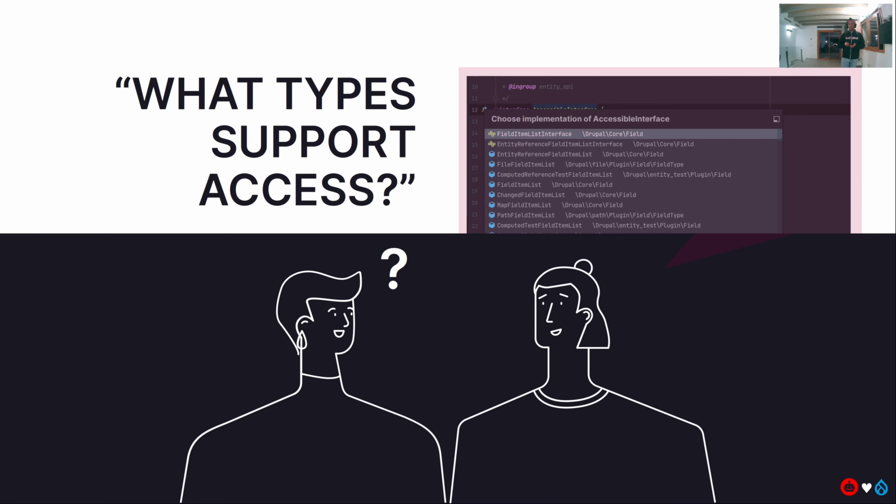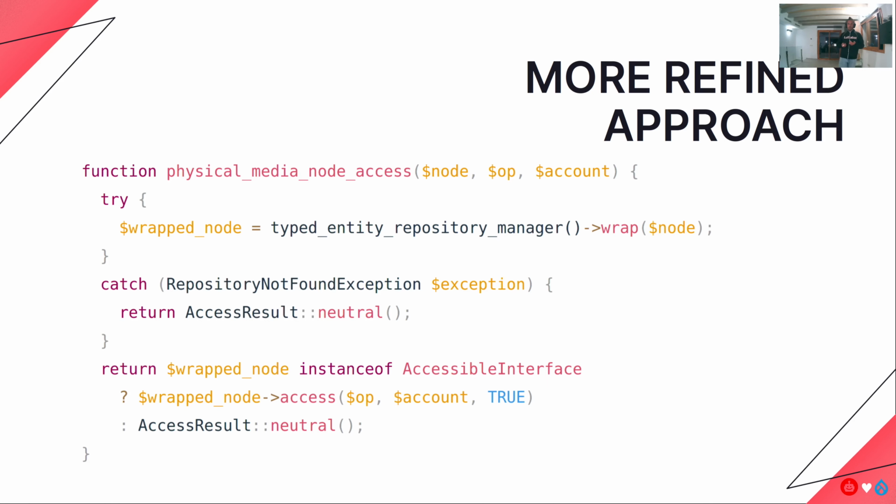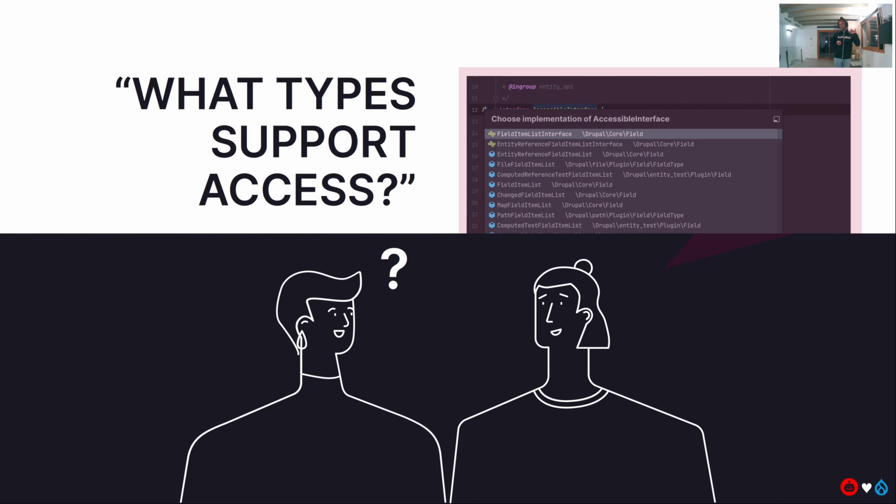And then we can go inside of the book class and say book implements accessible interface, and that will force us to implement the access method that we have down below. And this has a nice kind of side effect, or well, it's not a side effect, it's an intended effect.